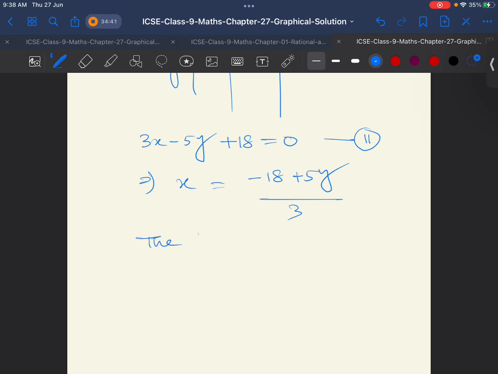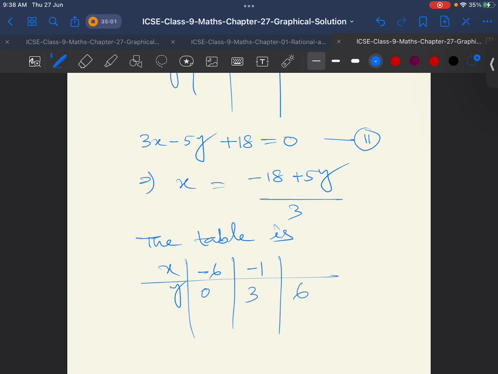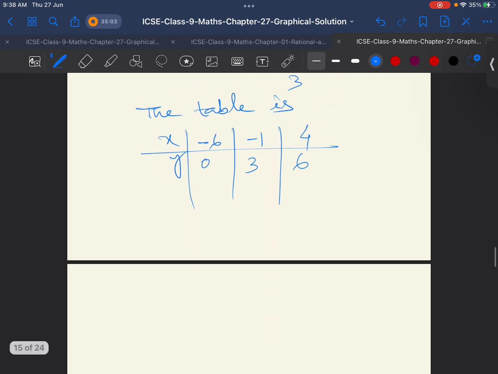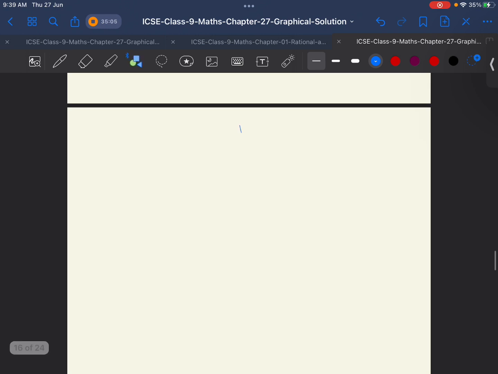So the table is: when y is 0, x is minus 6; when y is 3, x is minus 1; y is 6, x is 4.